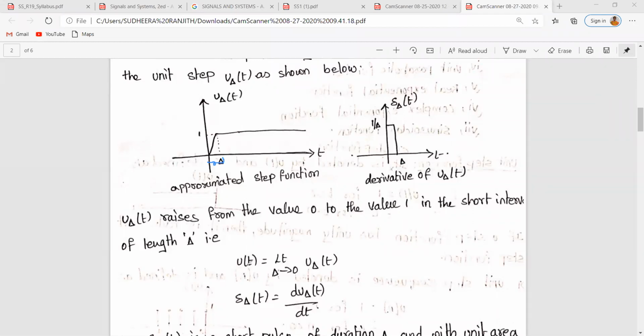So I have considered that u of t is equal to the limit as delta tends to 0 of u delta of t. Similarly, here delta of t is obtained by taking the differentiation of u of t. So delta delta of t is equal to du delta of t by dt.